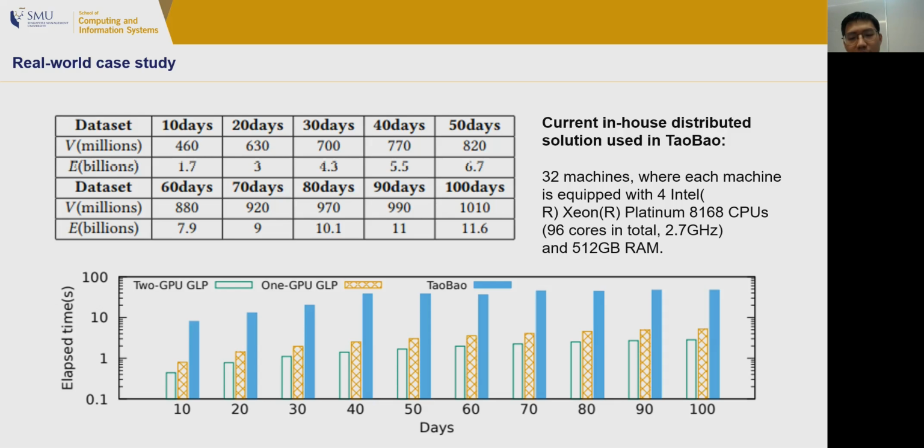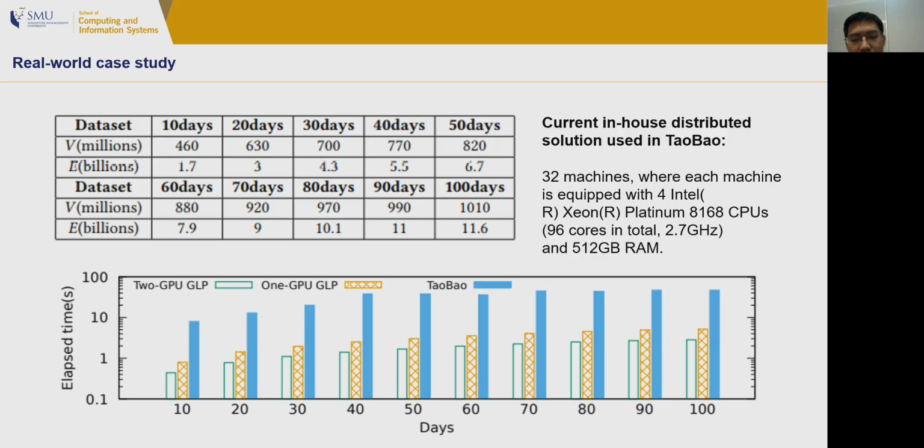We run the label propagation algorithm for 20 iterations on the real graph workloads and report the running time for one iteration. The experiments show that GLP achieves 8.2 speedup on average against the current in-house distributed solution used in Taobao.